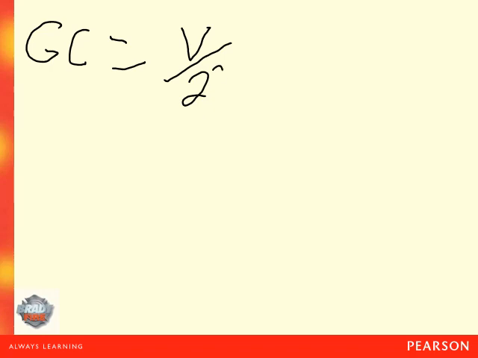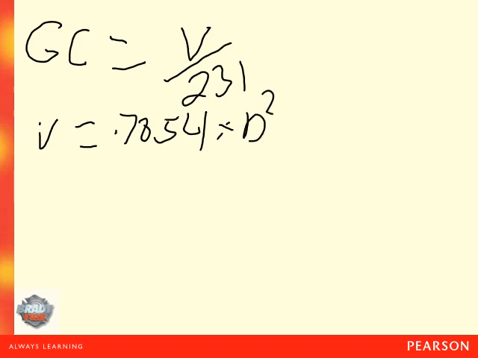Okay, to figure this out, there are three formulas we are going to have to use. Gallon capacity equals volume divided by 231. Volume equals our constant, 0.7854, times diameter squared times the height, or in this case, again, length.